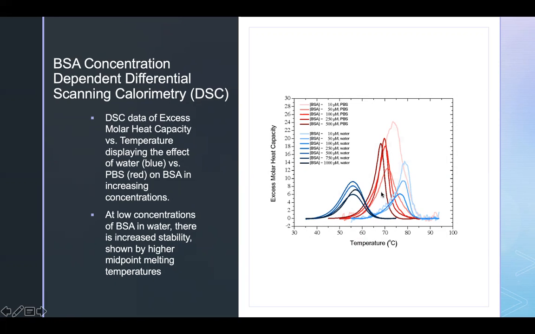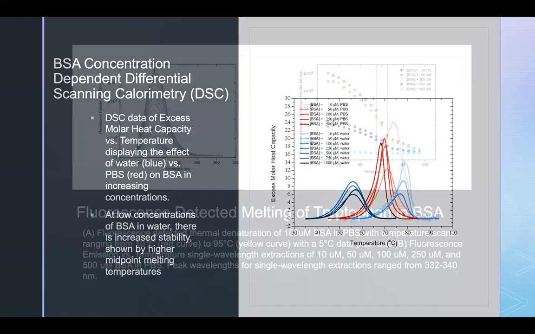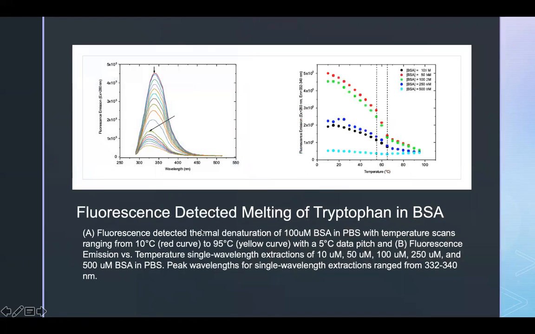With PBS instead of pure water, stability is a little lower than pure water under low concentration conditions, but it shows a wider range of stability over multiple concentrations. That's important because phosphate buffered saline more closely mimics blood conditions of ion and salt concentration.